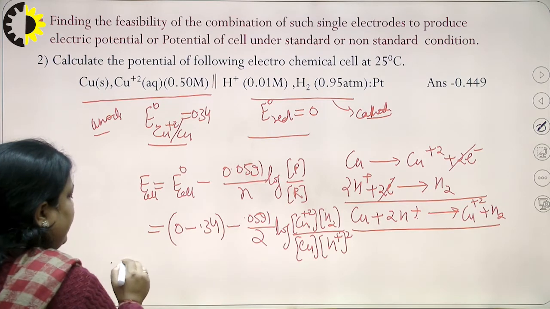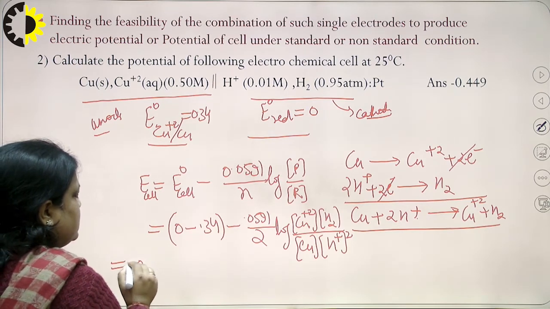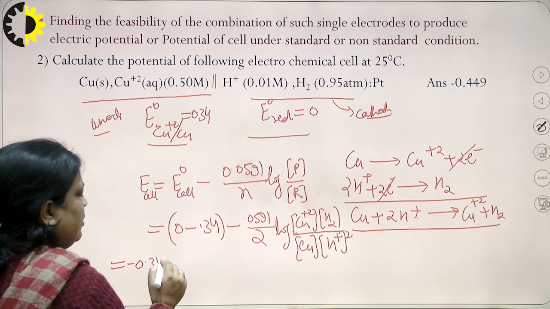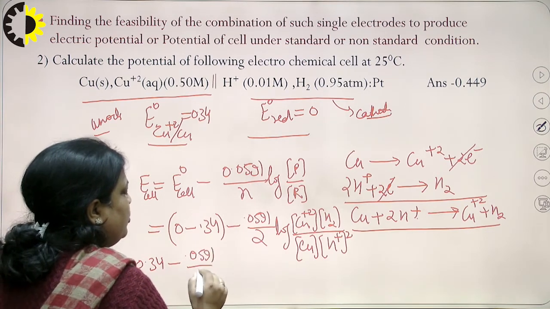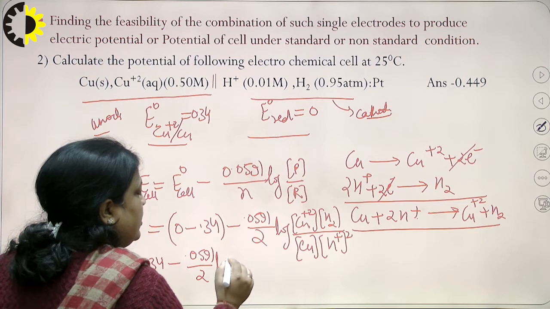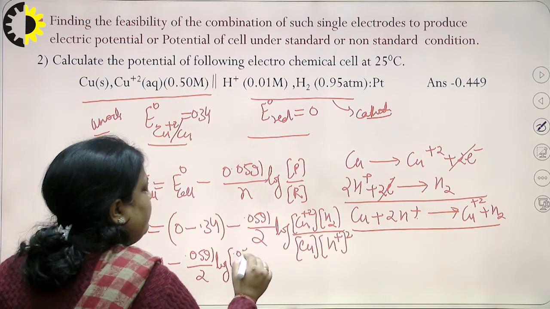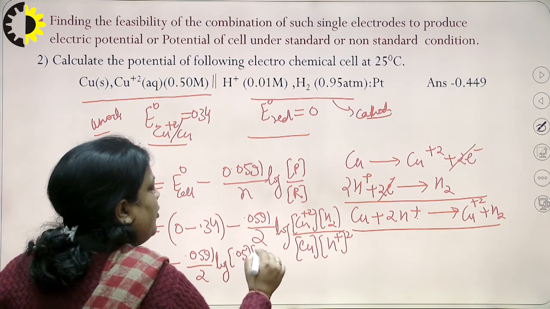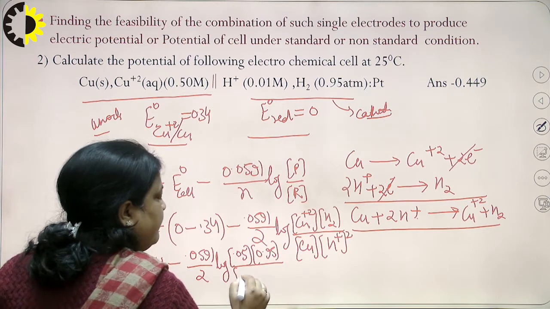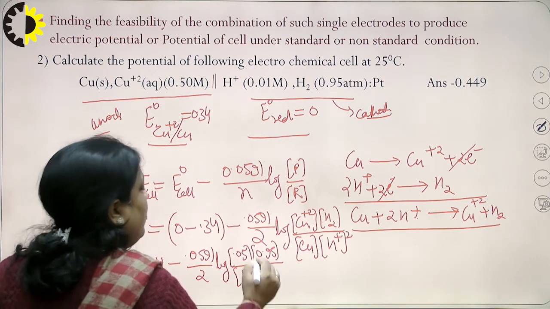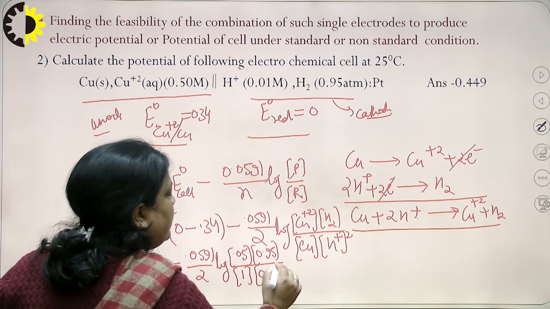So, when we put in all the values, it is minus 0.34 minus 0.0591 upon 2 log of 0.05 into 0.95 divided by 1 into 0.01 square.